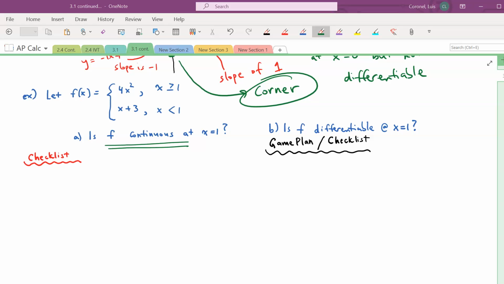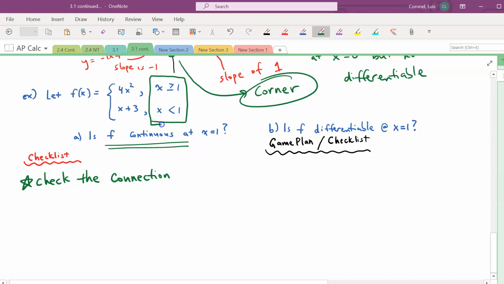The first thing to do to determine if a function is continuous is to check the connections. The connections we're talking about are the values at 1. That's the connector right there at 1.